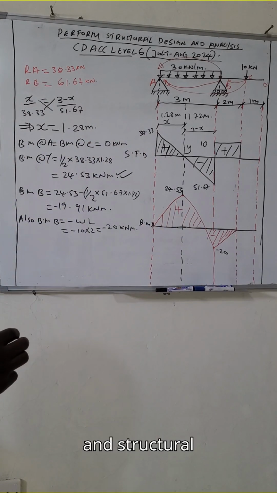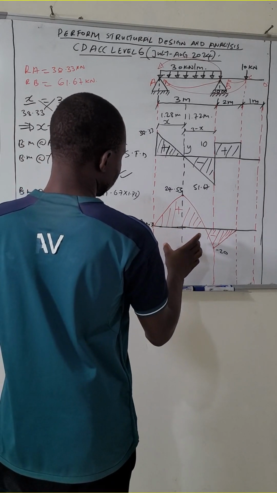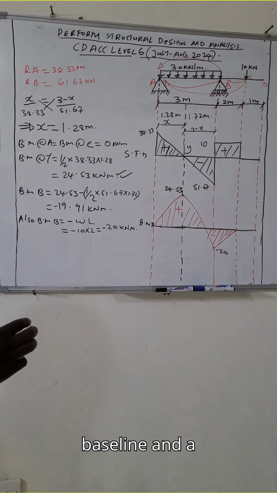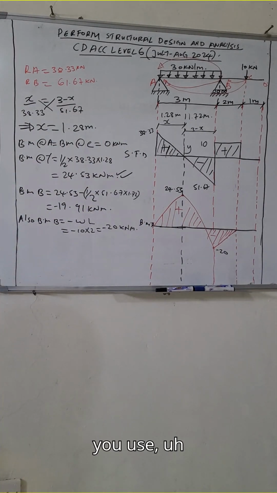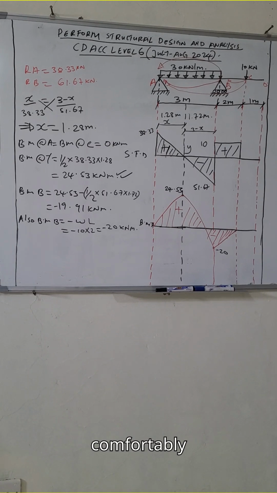Mostly in civil engineering and structural engineering, they draw a positive bending moment below the baseline and a negative above the baseline. So whichever you use, you are okay. After doing so, you can comfortably pocket your 5 marks out of this question.